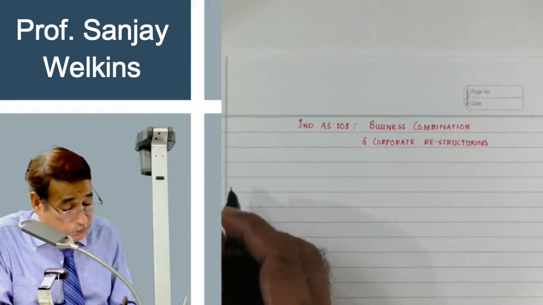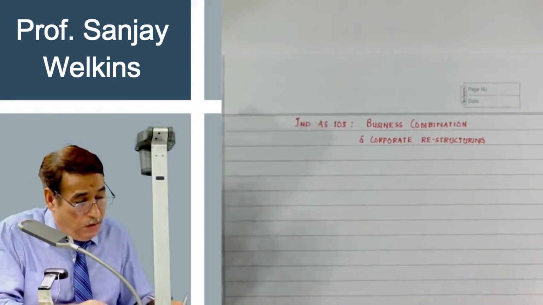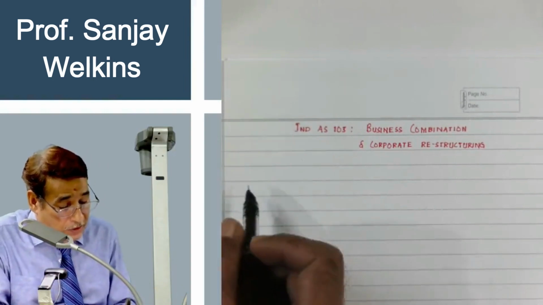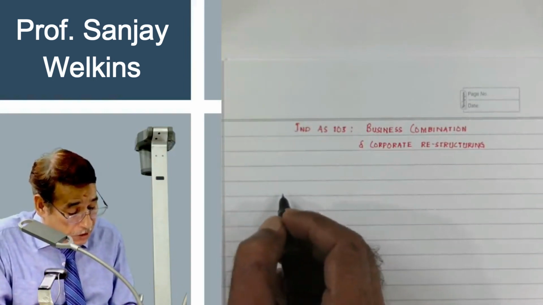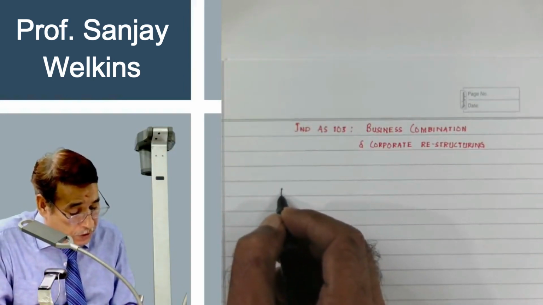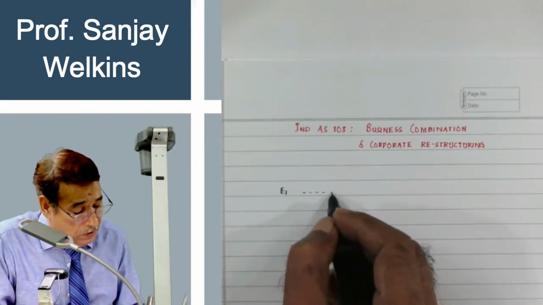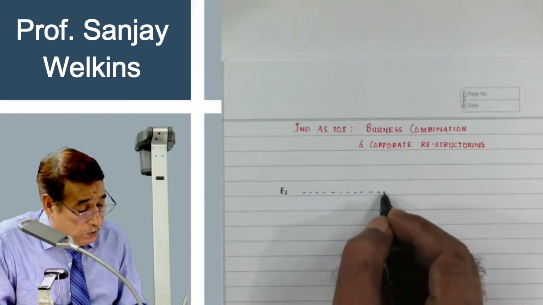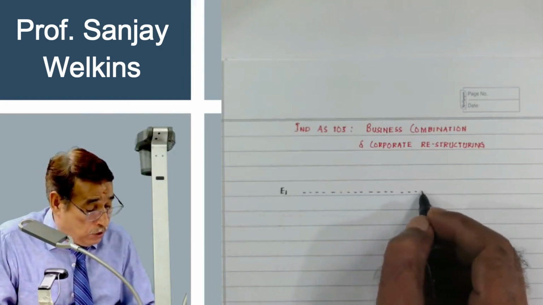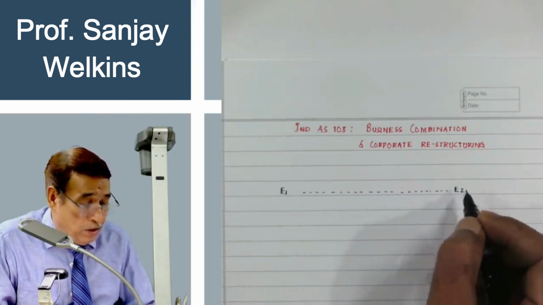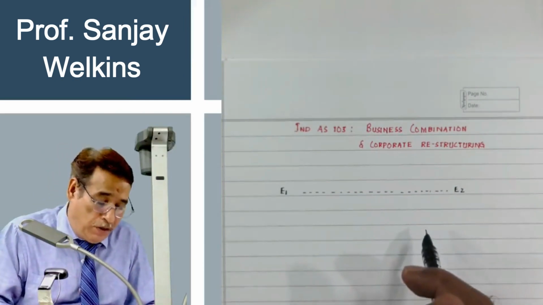Now, first of all, just wait. Let us say there is an entity by the name of E1. Name of the entity is E1. And this entity has invested in shares of E2 Limited. Correct? E1 has invested in shares of E2 Limited.